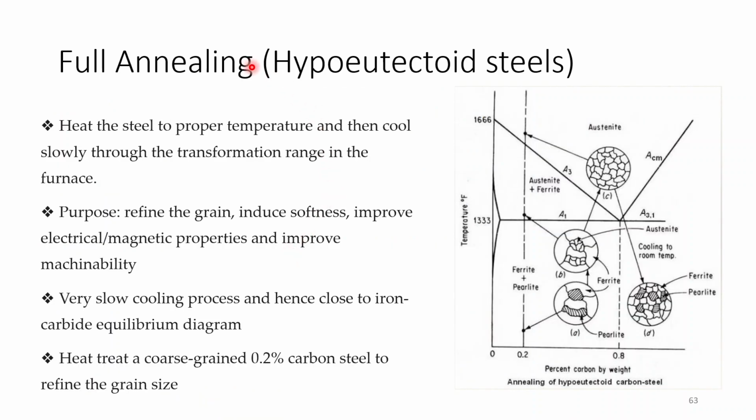Then you have full annealing for hypoeutectoid steels. Now this is the composition that we have chosen, up to 0.2% carbon. Firstly you have a structure which consists of pearlite and ferrite, then you are heating it.